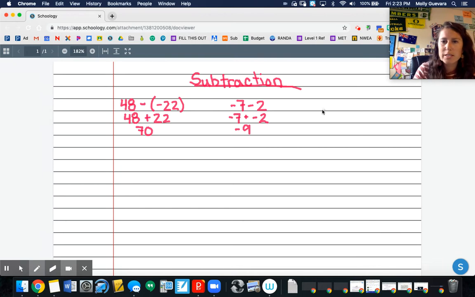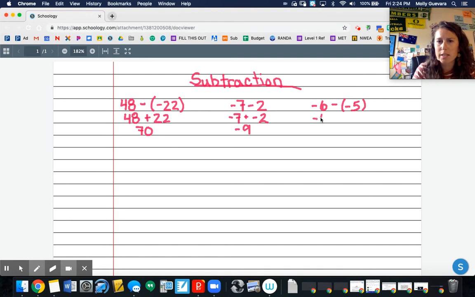And then the last one is a negative number, negative 6, minus another negative number. Again, I have negative 6, but look, I also have a double negative here.